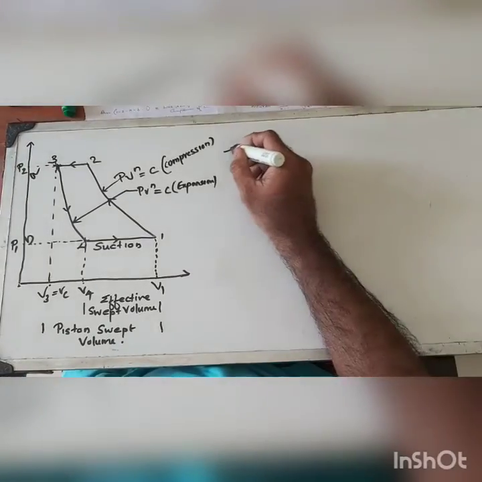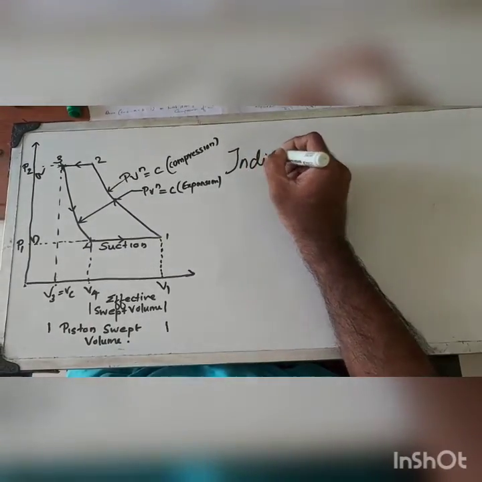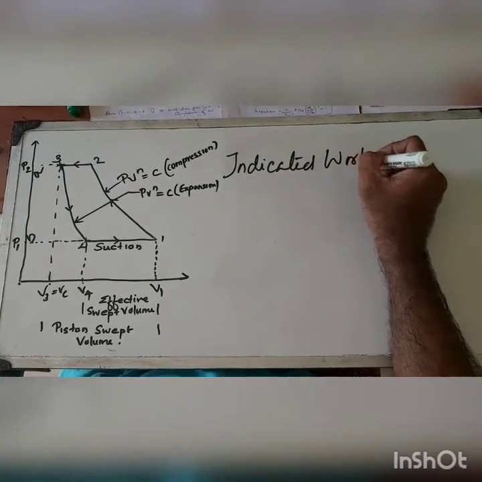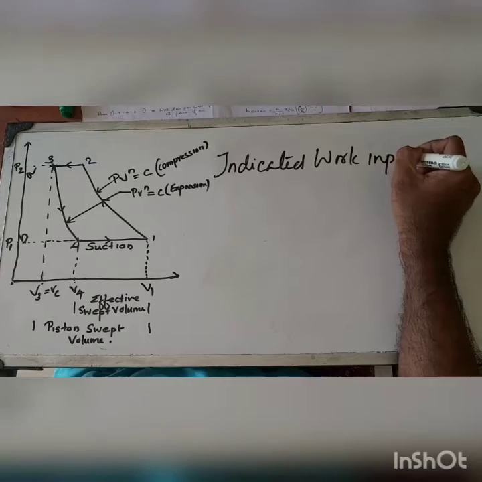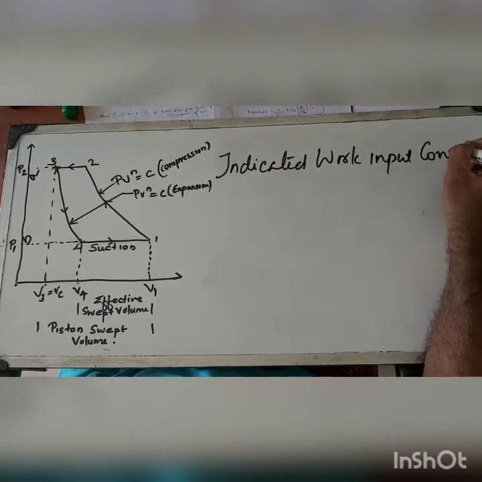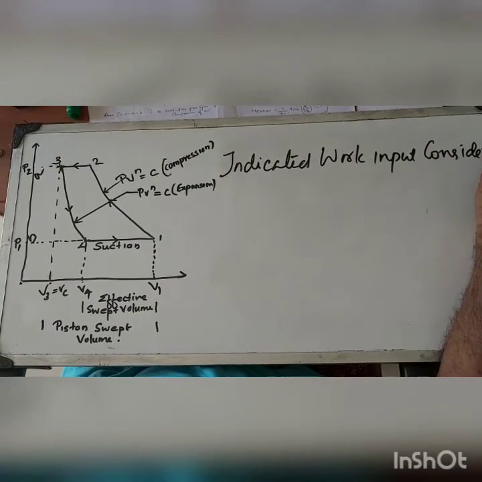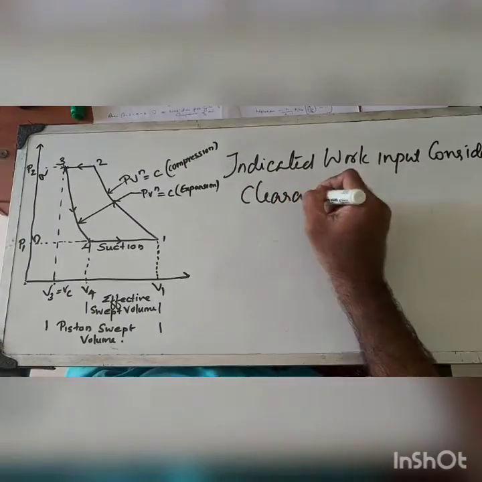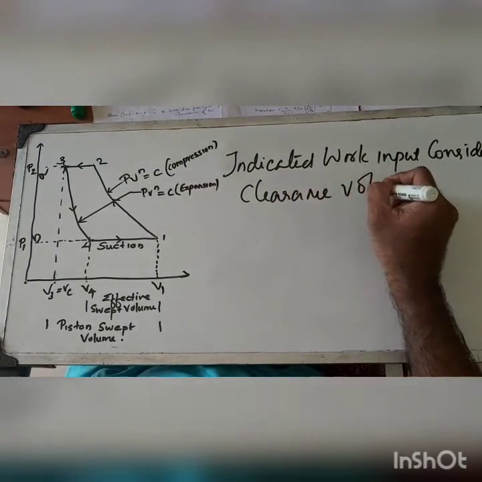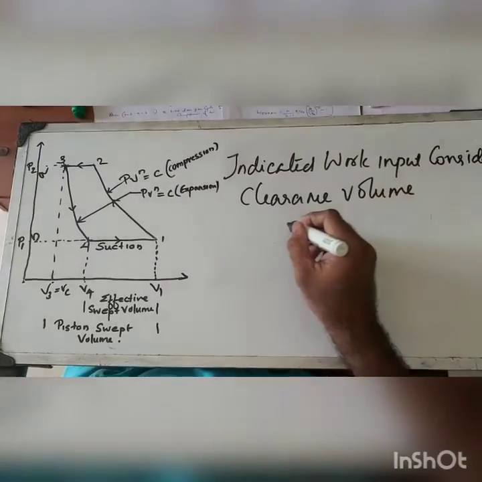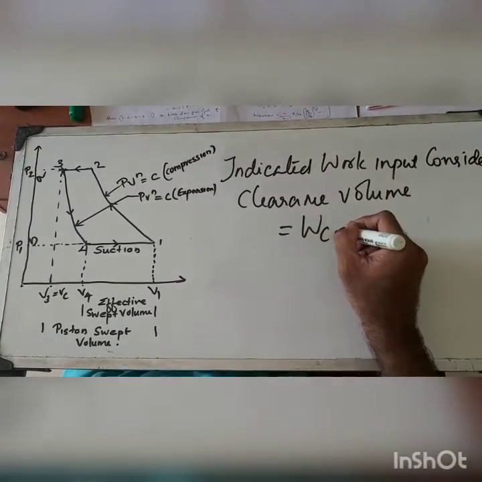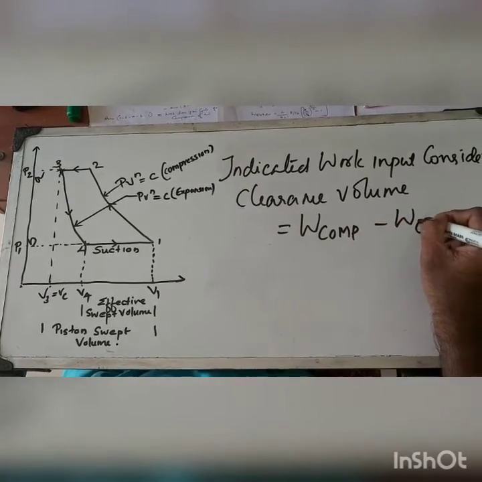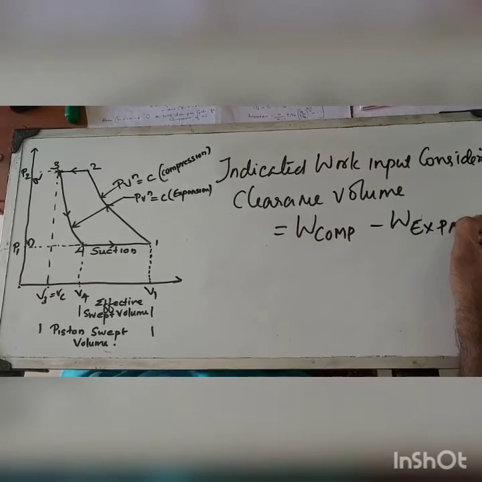So indicated work input considering clearance volume equals work of compression minus work of expansion.